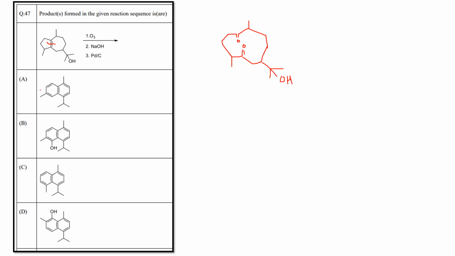Now if you are adding NaOH, there are two carbonyl compounds and NaOH is added. What type of reaction can you think of? Aldol condensation. You know about aldol condensation. Whenever there is alpha hydrogen, that will be picked up by NaOH and will attack another molecule of carbonyl compound.